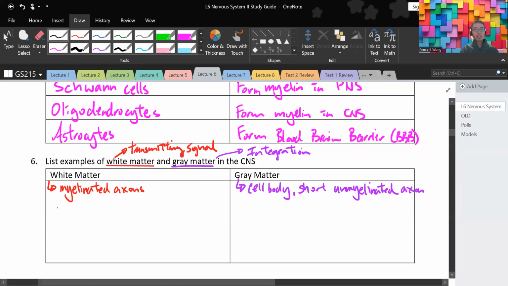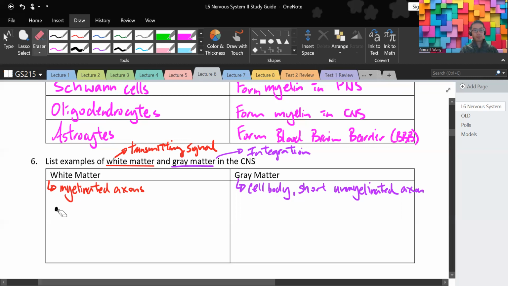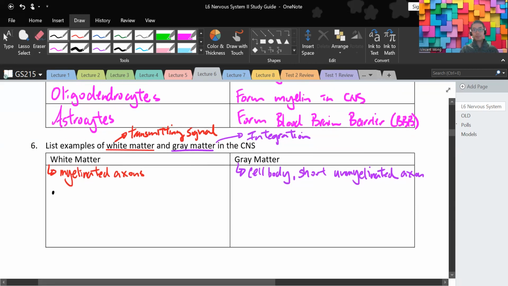And there are several examples of where you will find white matter. I gave you an example of something that is a bundle of white matter today. Does anybody remember what it was called? If you cut the brain in half, you will see this bundle of white matter. The corpus callosum, right?